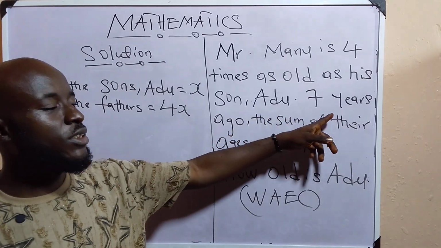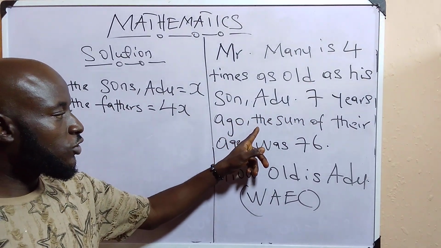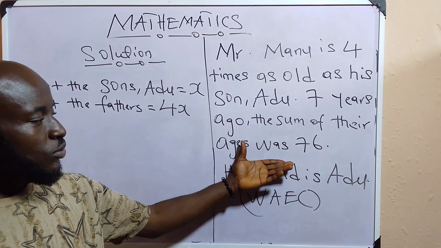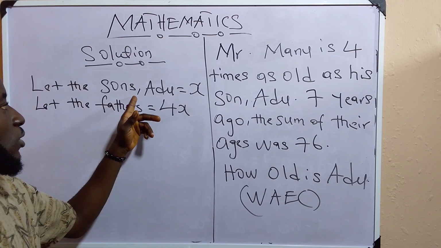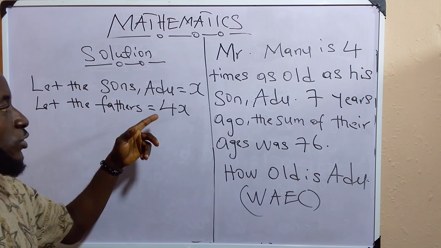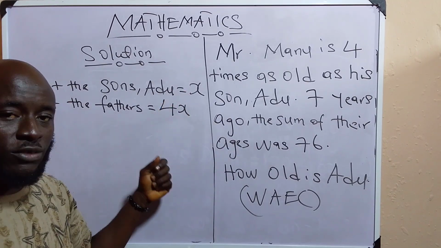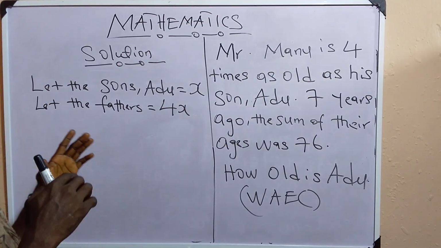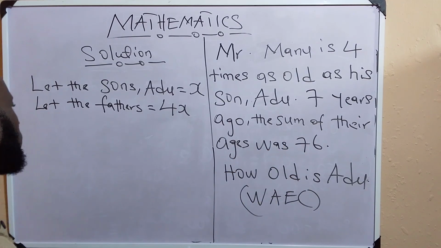They say that 7 years ago, that is backward, the sum of their ages was 76. This is the present age of Mr. Manu and his son Adu: x and 4x. So their ages 7 years ago, the summation, is equal to 76.